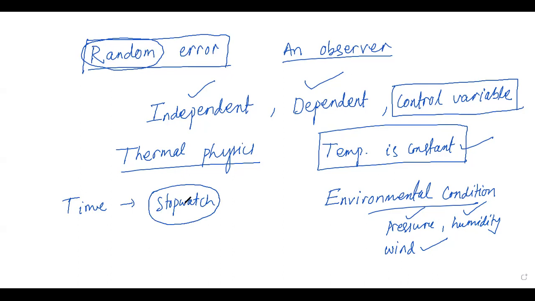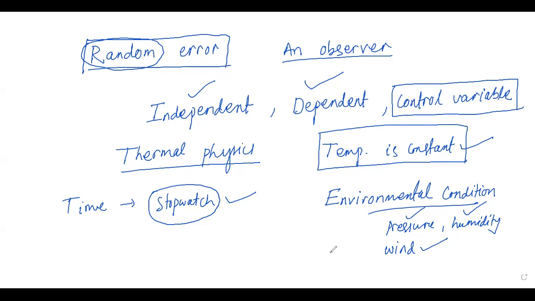It may vary, and that will also lead to error. So these are the sources of random error. There are many variables which cannot be kept constant in a particular study, and the error that comes into your reading because of that is known as random error. I'm sharing a slide with you for more clarity.